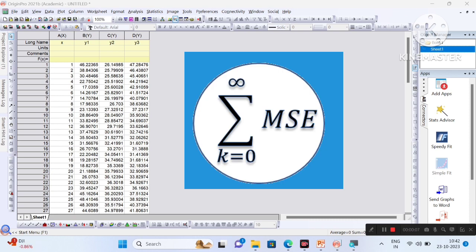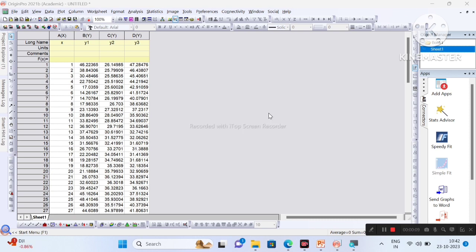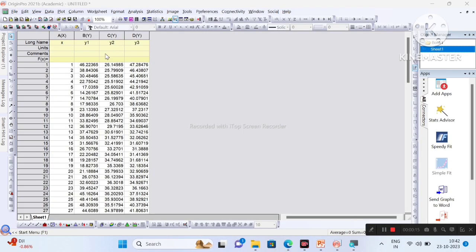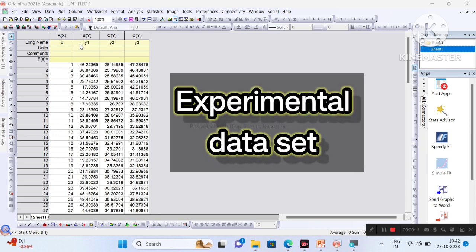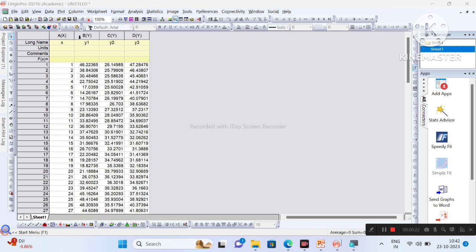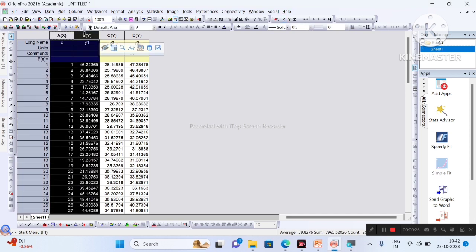Today in this video we will be learning how to fit non-linear data points. I have an experimental data set in which y is varying with respect to x. So let me plot this first.